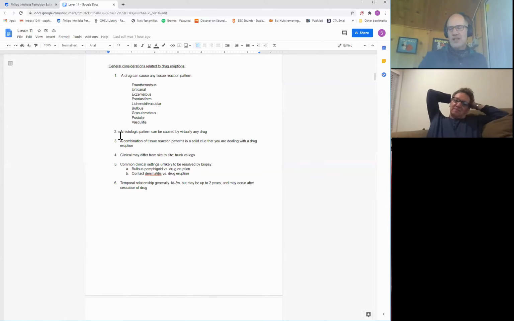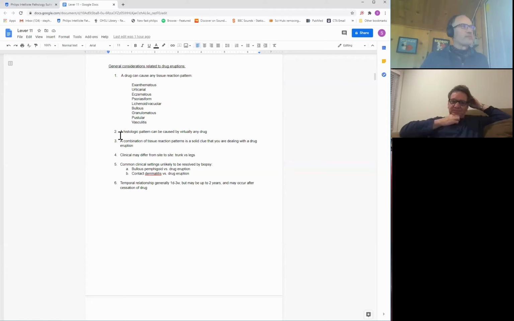So if you see spongiotic dermatitis with a lot of apoptotic keratinocytes, the latter being a feature of lichenoid dermatitis, those two things don't really exist together in many of the idiopathic and well-defined dermatoses that we know and see on a regular basis. So combinations are a hint and sometimes a really solid clue that you're dealing with a drug eruption.